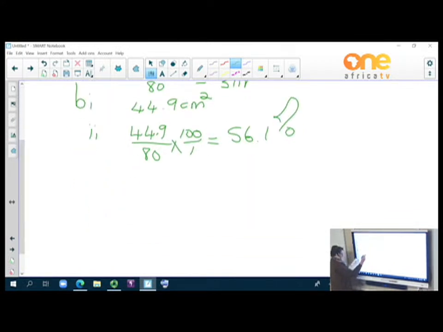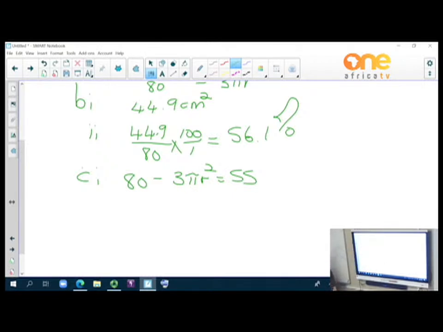And then number C1, calculate the value of R when the shaded area is 55. So now we're using that one, shaded area that we had right at the beginning, 80 minus 3 pi r squared, and it is now equal to 55 because that is the shaded area.